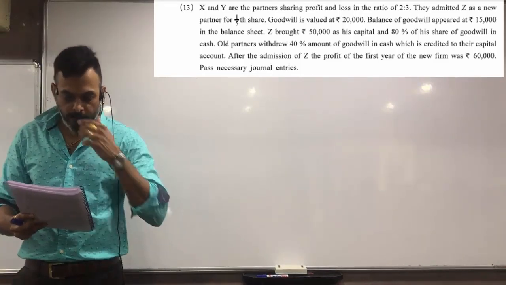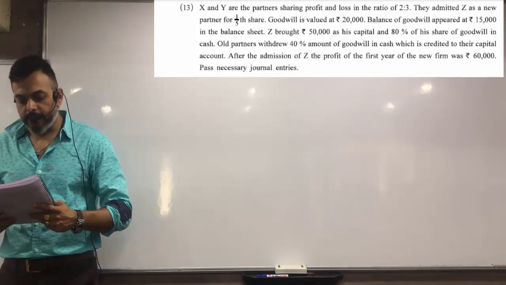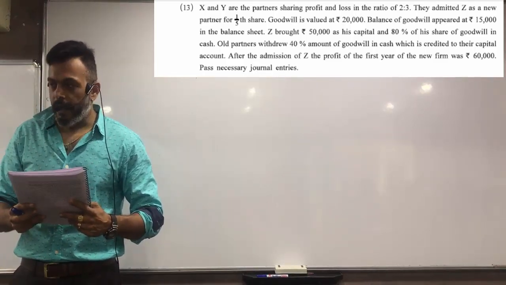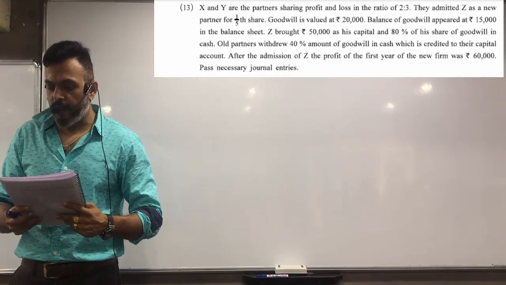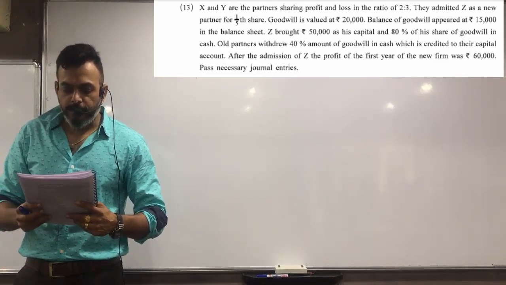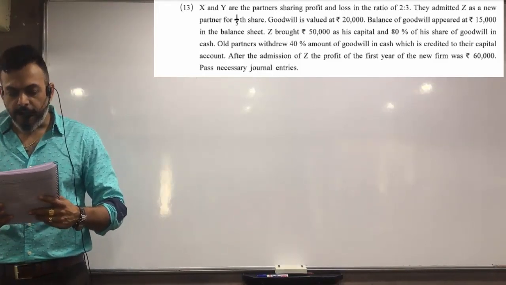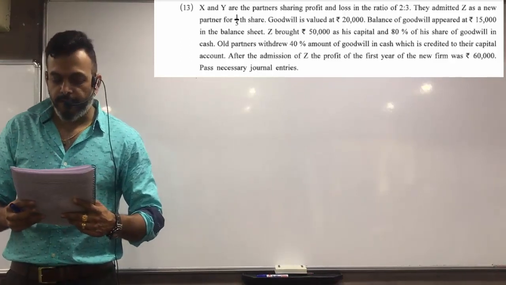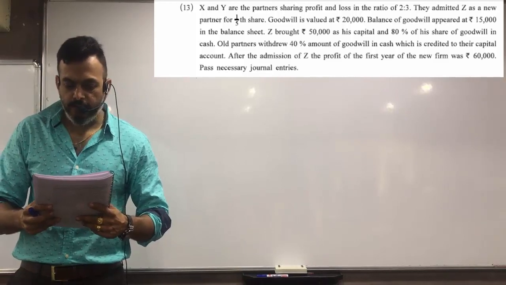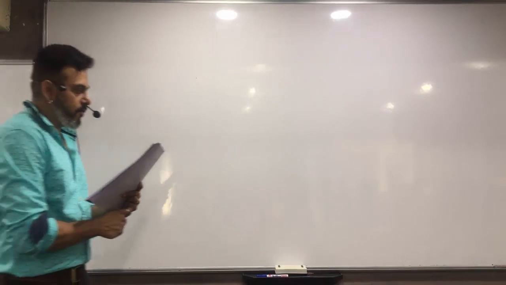So we have new value of goodwill which is 20,000 and the old value which is 15,000. Z brought 50,000 as his capital and 80% of his share of goodwill in cash. All partners withdrew 40% amount of goodwill in cash which is credited to their capital account. After admission of Z, the profit for the first year of the new firm was 60,000. Pass necessary journal entries. Now first let's find out the sacrifice ratio.